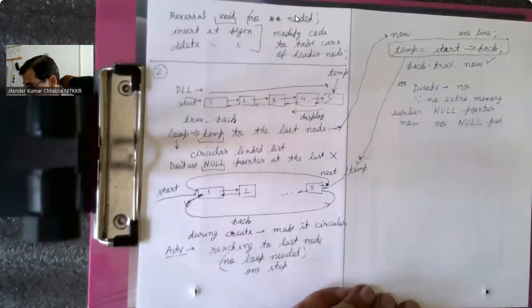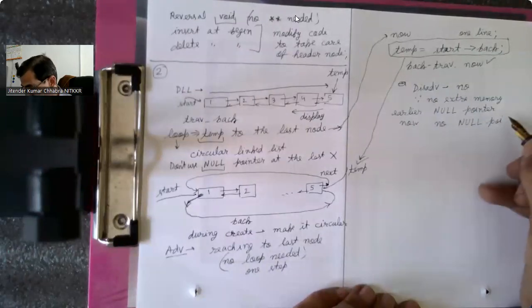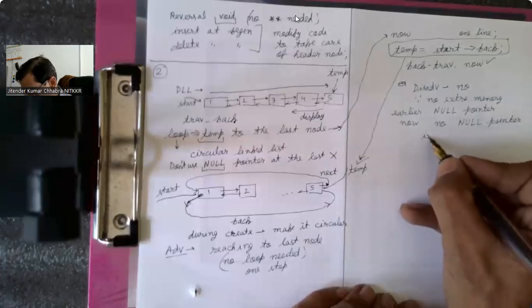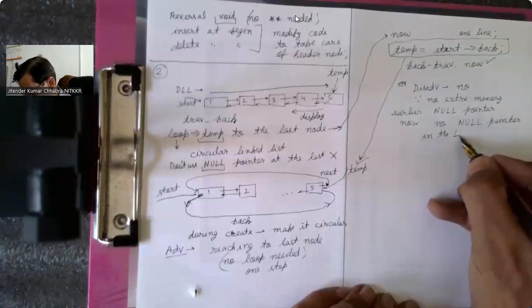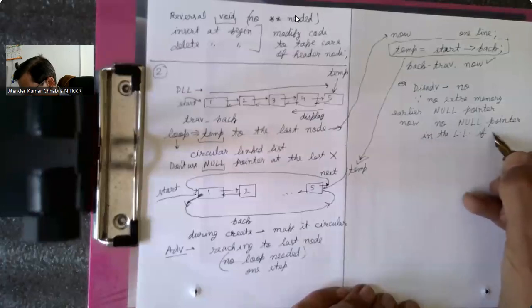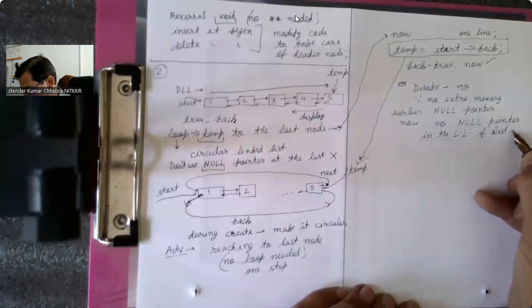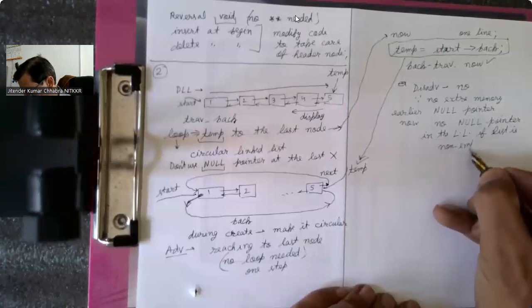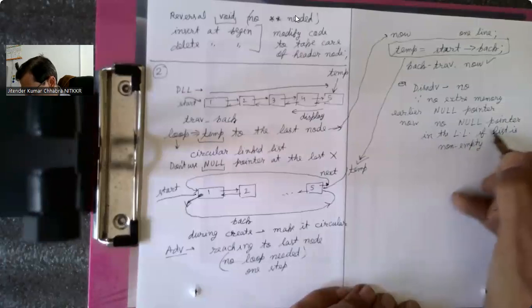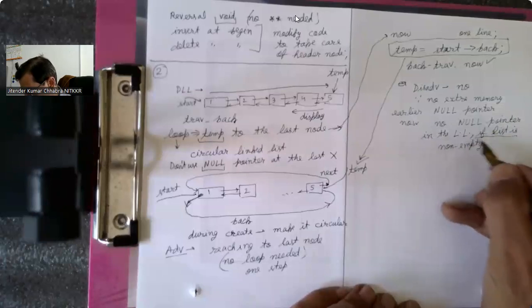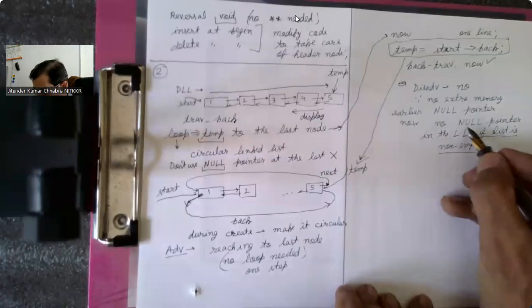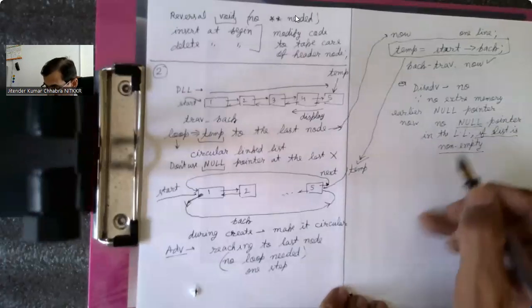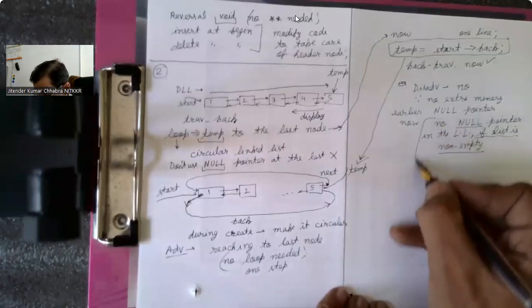So another advantage which we will get via this process is that in the linked list, no null pointer will exist if the list is non-empty.